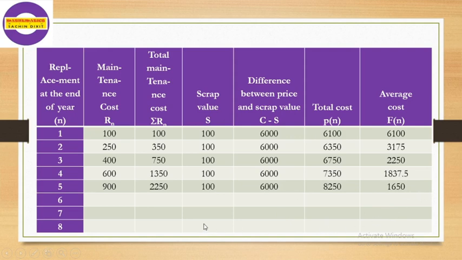Now come to the next. For the sixth year maintenance cost is 1250. Up to the fifth year total maintenance cost is 2250. At the sixth year maintenance cost is 1250. We just have to add, we get the total maintenance cost up to the sixth year, that is 3500.